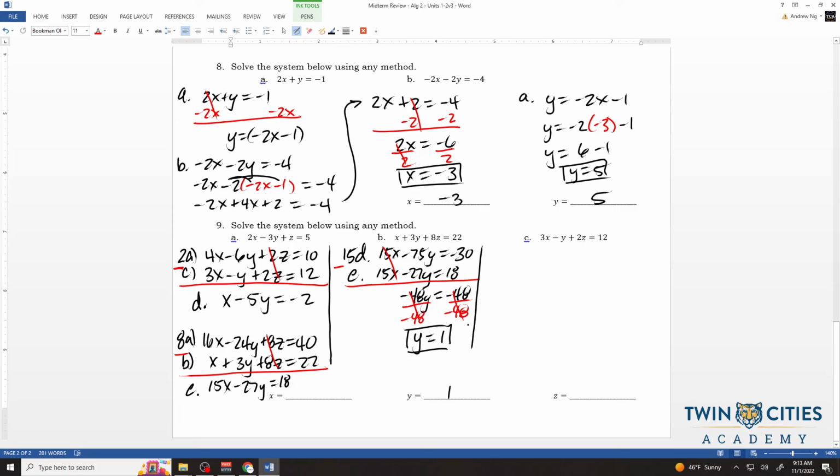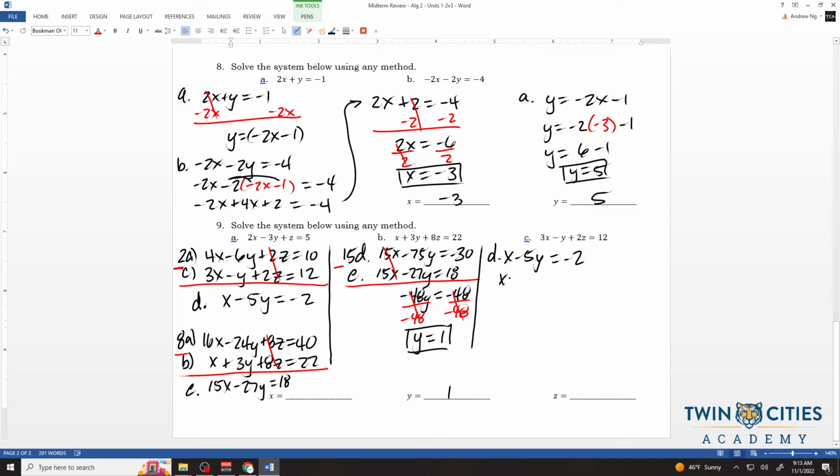Now what you're going to do is go one step back and plug into either equation D or E, because that's what you used to find y equals 1. So let's plug this into D. D is x minus 5y equals negative 2. And since y equals 1, we're just going to plug this in right here.